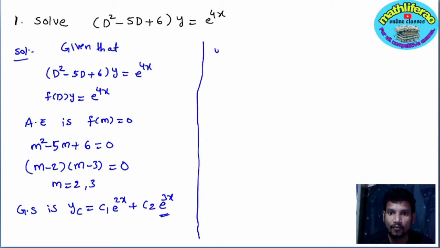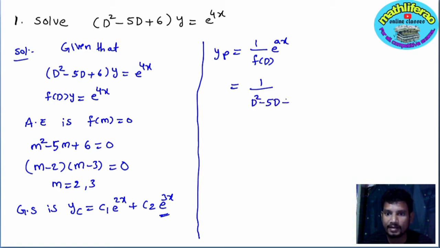So here yp particular integral equal to 1 by f of D into e power ax equal to 1 by D square minus 5D plus 6 into e to the power 4x. So ఇక్కడ first here replace the D by a. Here a value 4. So 4 అనేది D లో రీప్లేస్ చేస్తే f of a not equal to 0 అయితే మనకి డైరెక్ట్ గా ఆన్సర్ వస్తుంది.